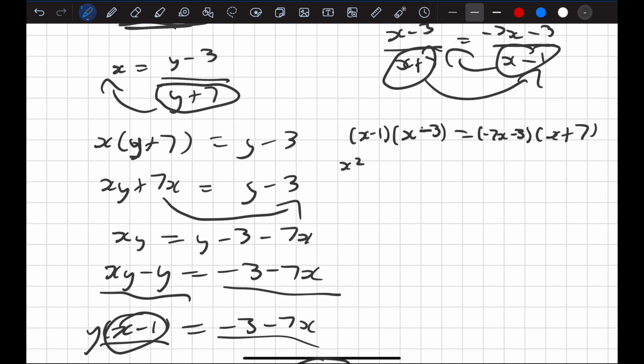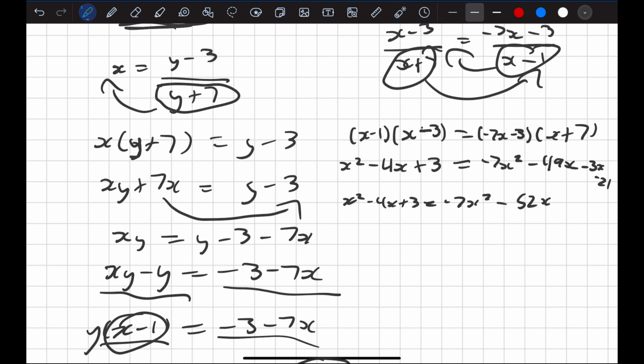X squared, then negative 1x and negative 3x makes negative 4x, plus 3, equals negative 7x squared, negative 49x, negative 3x, and negative 21. So x squared minus 4x plus 3 equals negative 7x squared minus 52x minus 21.